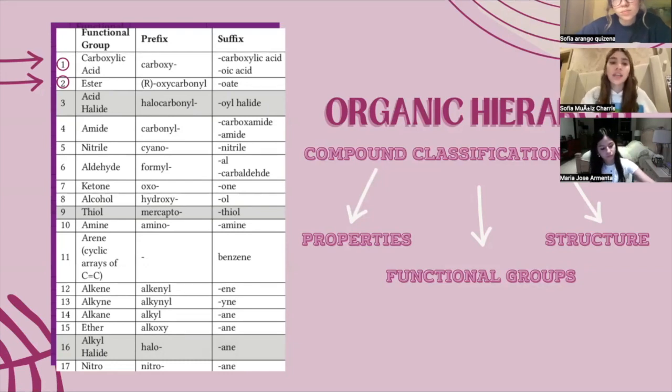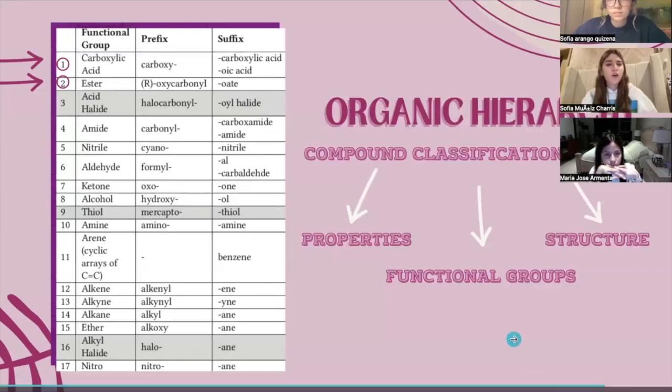This actually gives them their position. For instance, in comparison to carboxylic acids, esters have a similar structure, and we can also see more commonalities due to the fact that they are a direct product of carboxylic acids and alcohols.